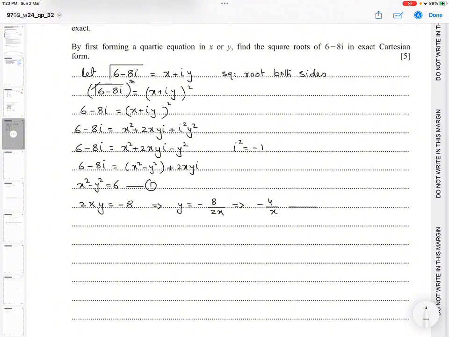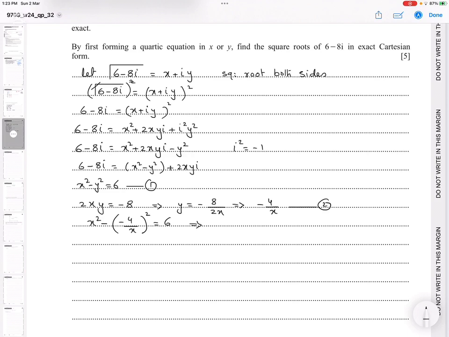This is my second equation. Now substitute equation 2 into 1. So x squared minus, in y squared I am going to write the value -4 over x whole squared, is equal to 6.